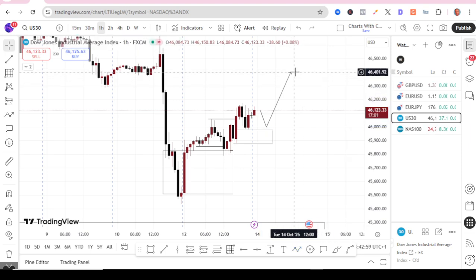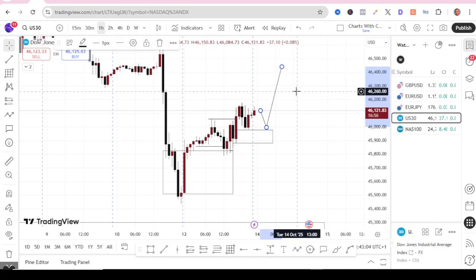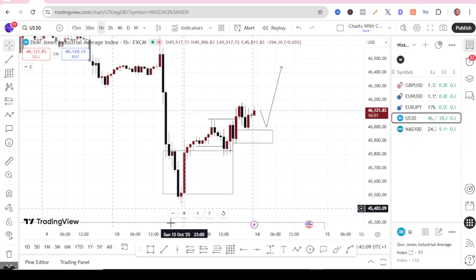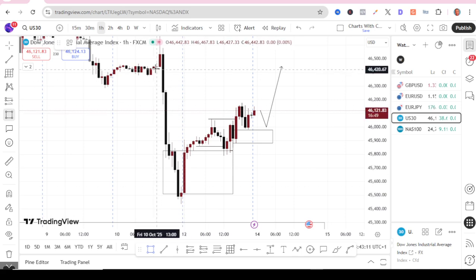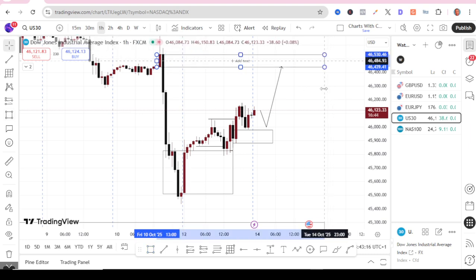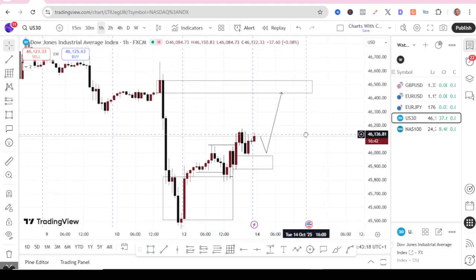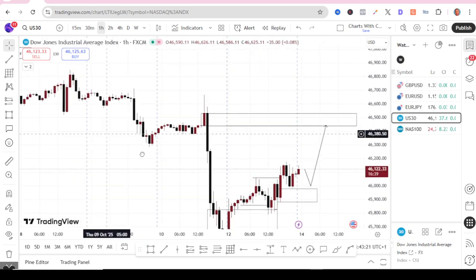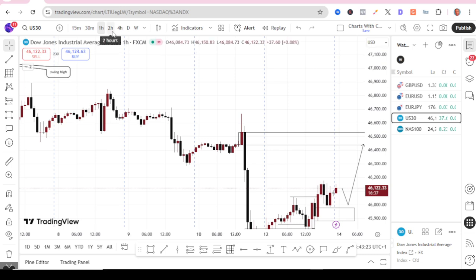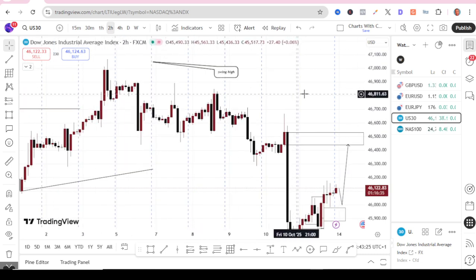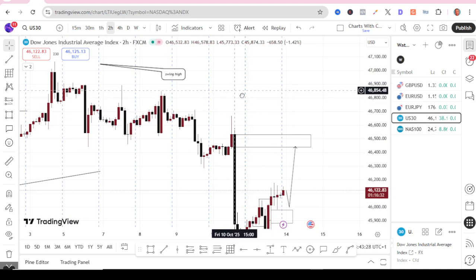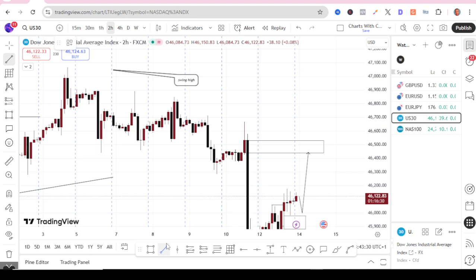If I'm buying, I would set my TP here, because price can actually sell from this zone here. But if you look closely, you discover that is a trend line liquidity anyway for price to take out. So this is a clean trend line liquidity.